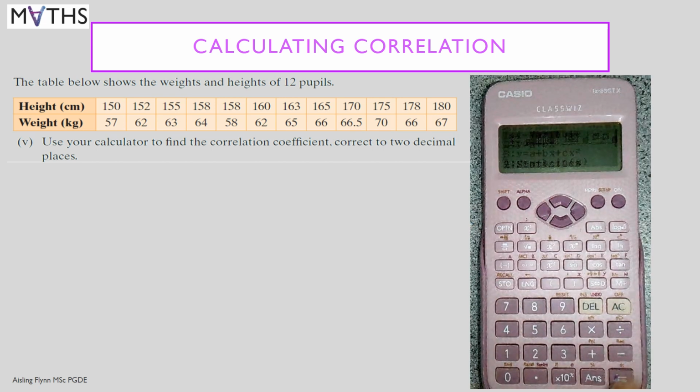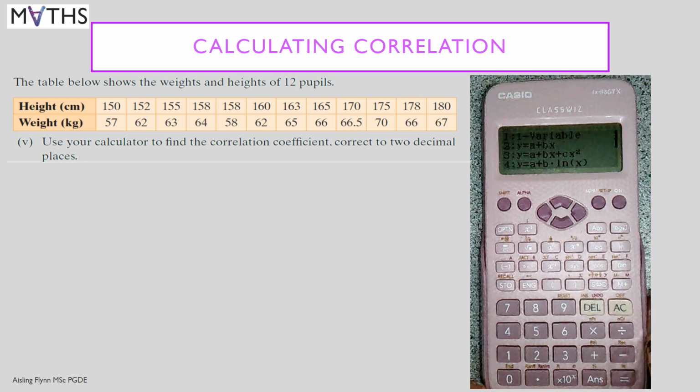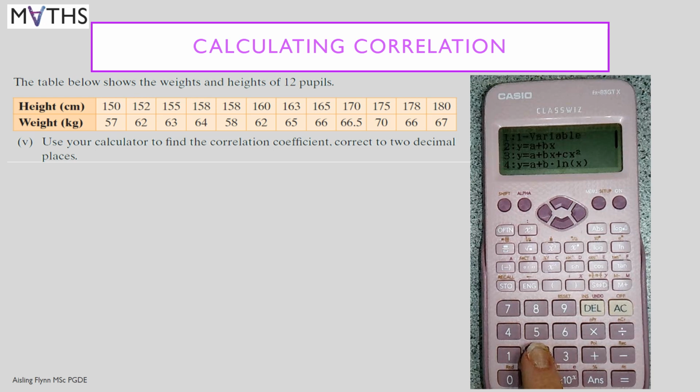We are examining how close to a true linear relationship the two variables are, so we're looking at a line format, which on this menu is number 2, y equals a plus bx. That's the same as y equals mx plus c, the equation of a line. So we select 2 for linear.